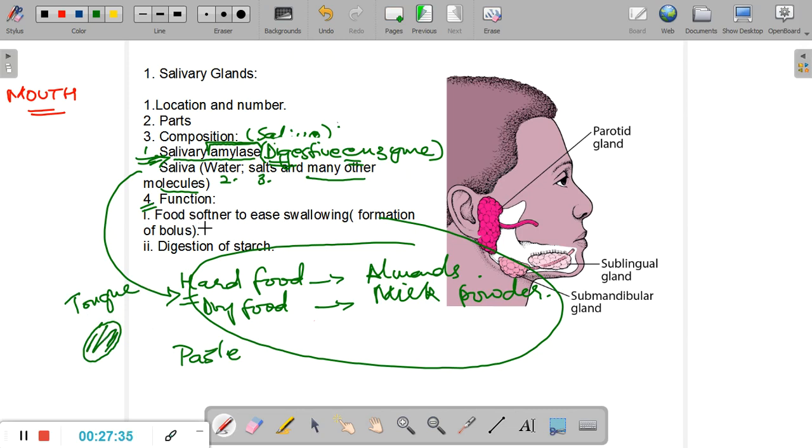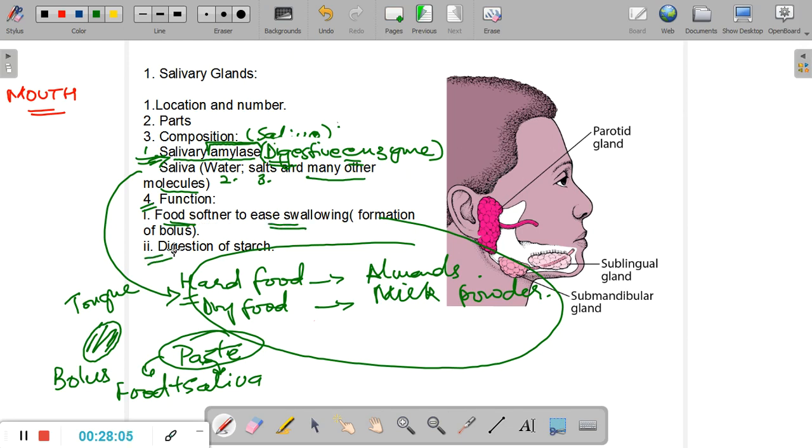So saliva has moistened and softened the food for swallowing, and the important function of the saliva is in the formation of bolus. What is bolus? Once again, food mixed with saliva. It's a paste-like substance which is made up of food and saliva. Right, so this is bolus. So the first function of saliva is to soften the food so that the swallowing of bolus can become easy.